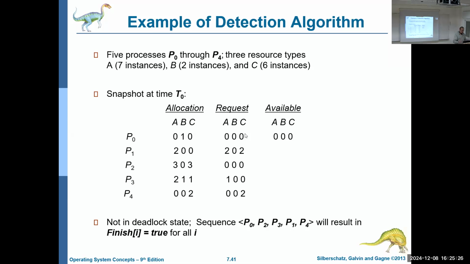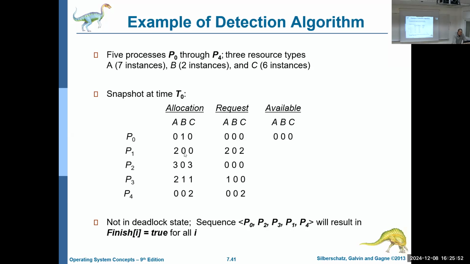So this is not in a deadlock, since the sequence P0 and P2 can just go. P0 has nothing left, it has all it needs. It could finish, but the other ones could still be in a deadlock. Yes, but they can go.